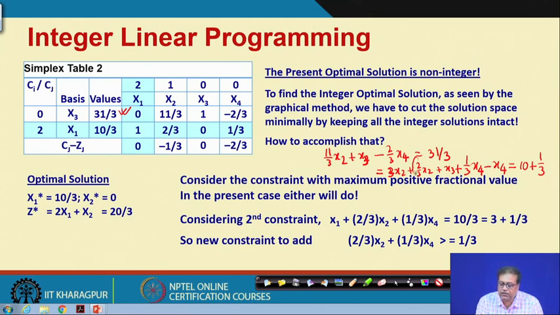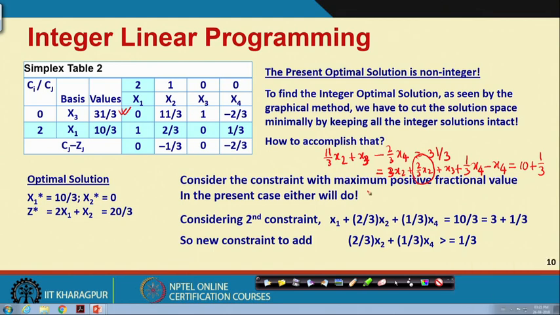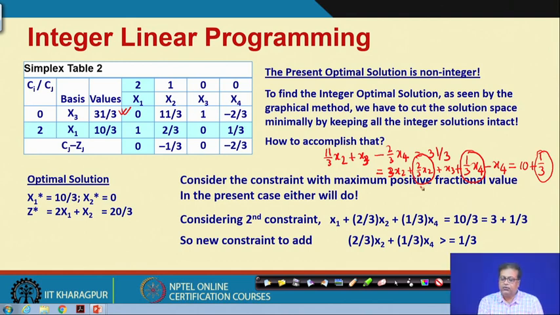This is the positive fractional part; this is not to be taken, this is the integer portion, and this is also integer portion. So, this is the positive fractional part in the coefficient and this is the positive fractional value. Taking this into account, again you would have got 2 by 3 x2 plus 1 by 3 x4 greater than or equal to 1 by 3.